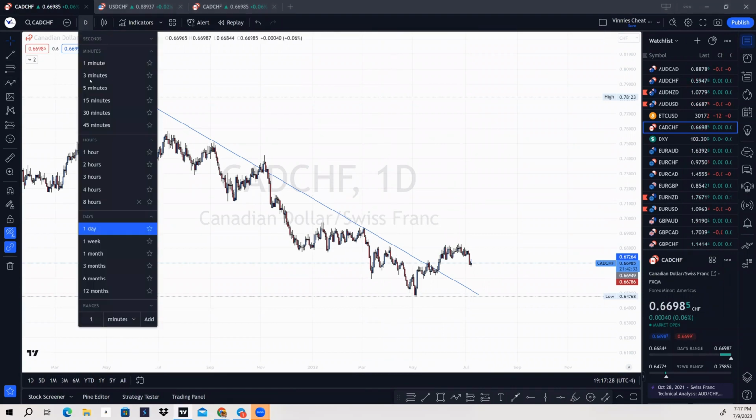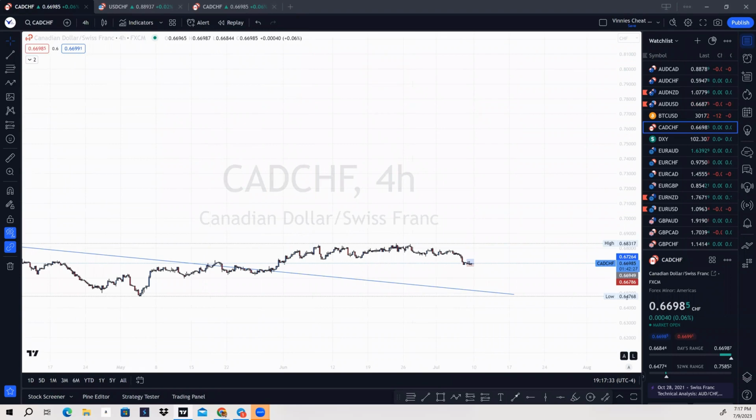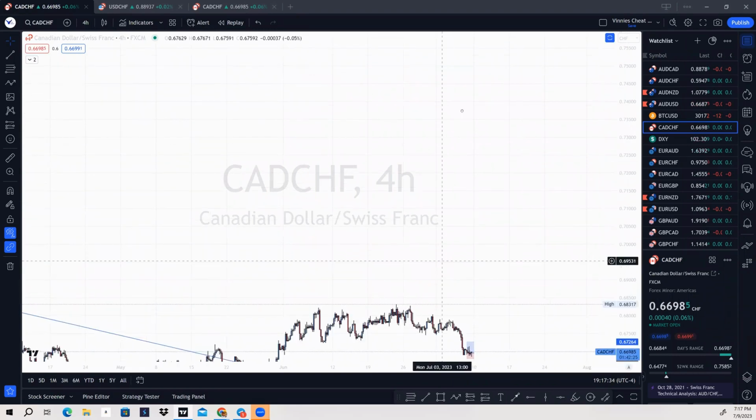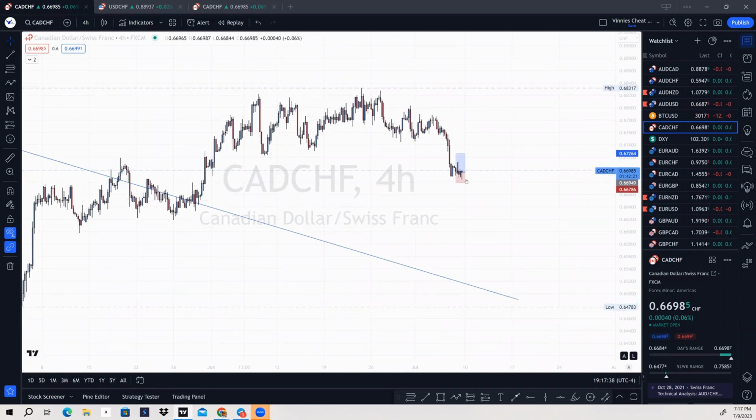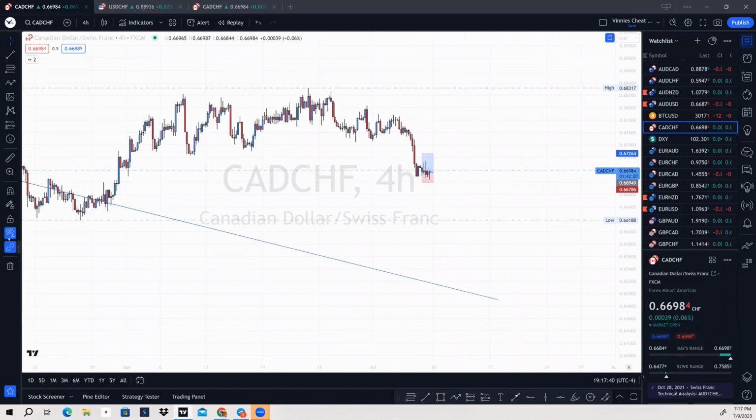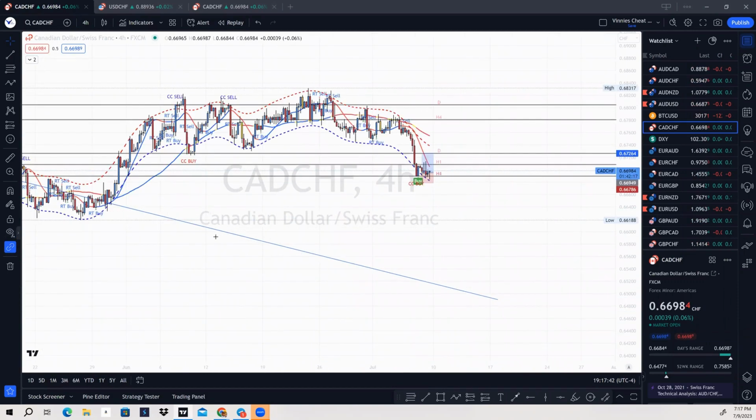So if we go down to the 4-hour time frame, you can see that price is starting to pull up. Okay. 4-hour time frame, we should have a cheat code buy signal. Okay. So we have a cheat code buy signal and divergence on the 4-hour time frame. Again, price is starting to move up. I think I put this trade inside of the Telegram group.